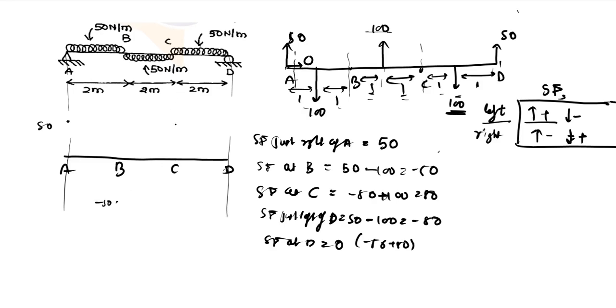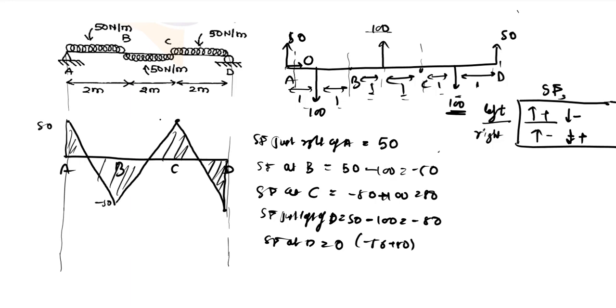At C it is 50 again, and just left of D it is minus 50, and at D it becomes 0. It is something like this, because there is a UDL in between, so it will always vary linearly as an inclined line, not as a constant line, because whenever there is a UDL, shear force will vary as an inclined line. So this is how you can draw your shear force diagram.